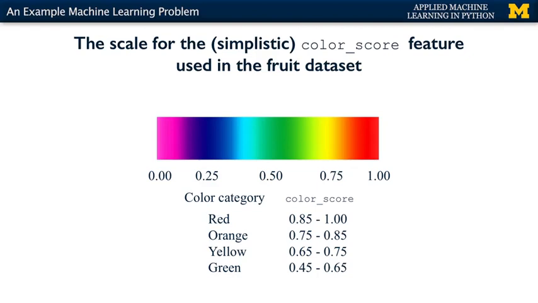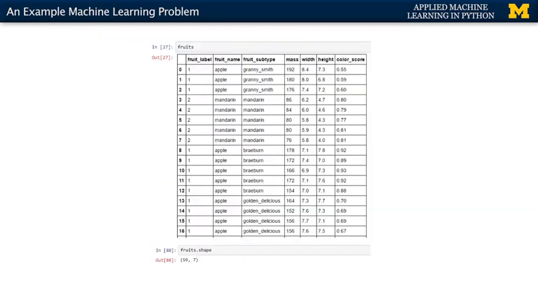But for our purposes, we're going to just summarize the color along a spectrum scale. That'll be a handy summary that will be easy to visualize. So scores close to 1 mean the fruit is red. Scores around 0.7 indicate yellow, and so forth.